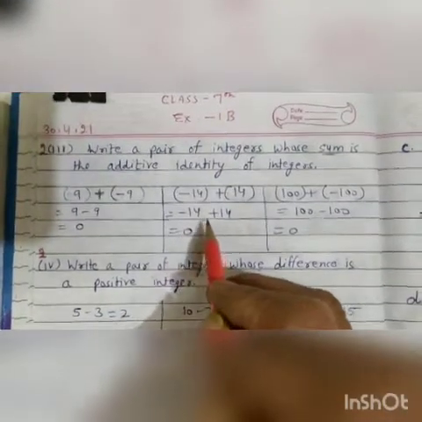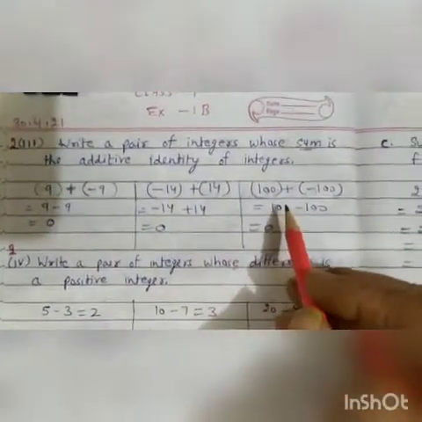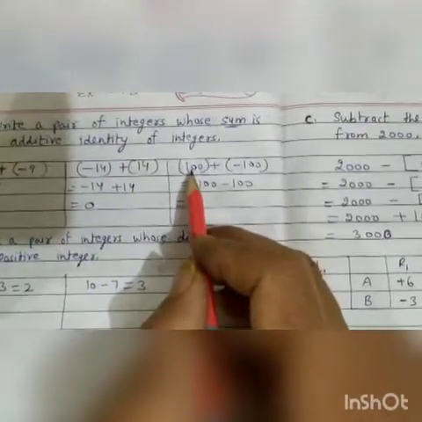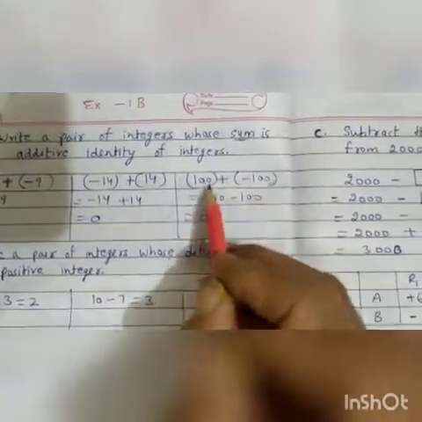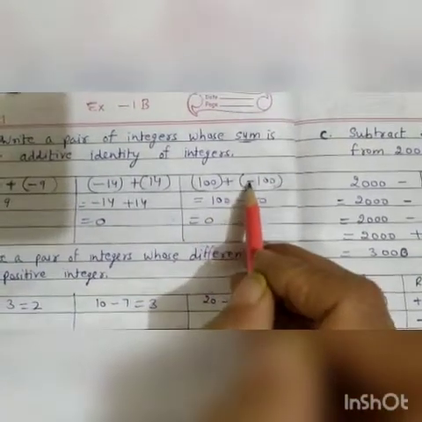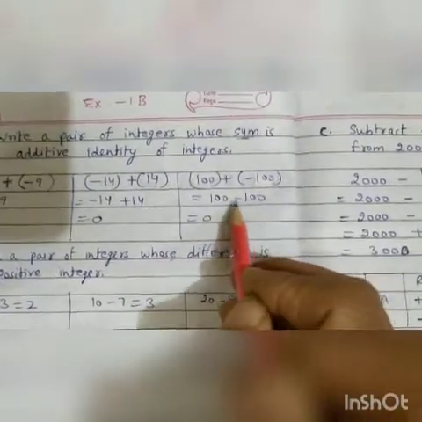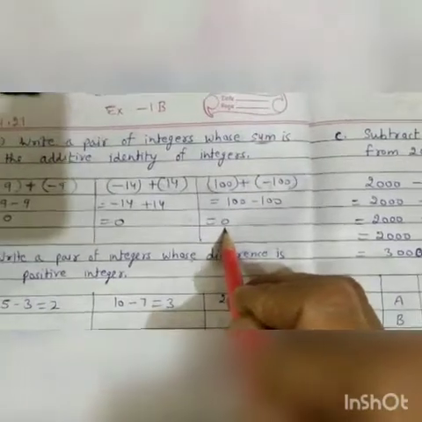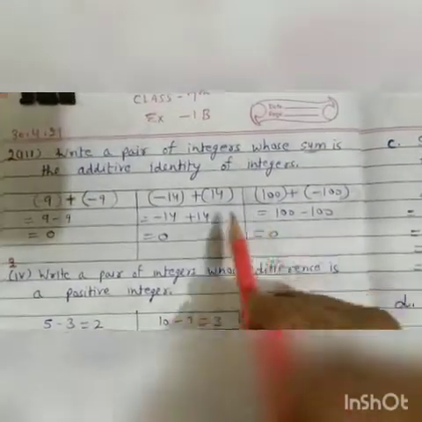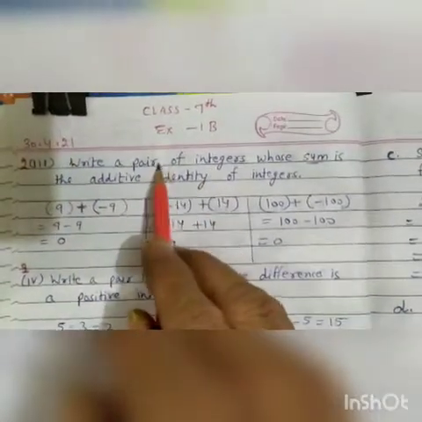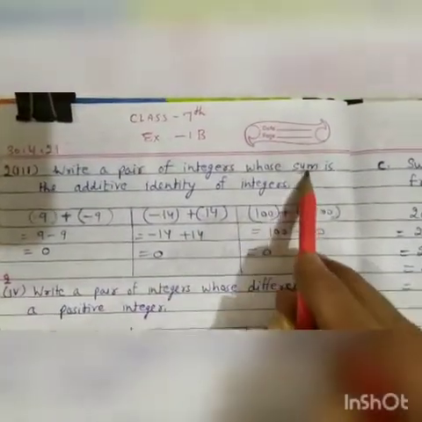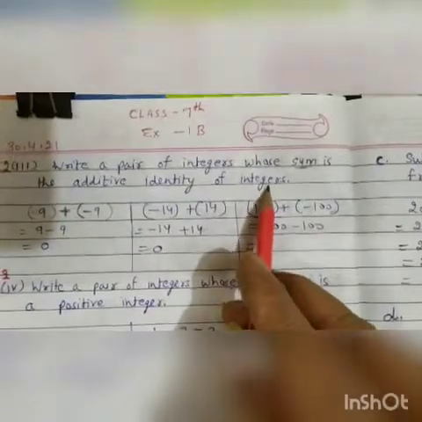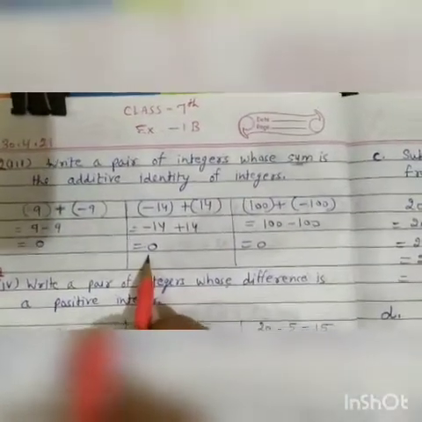So we can write any integers just like additive inverses. Here I have written +100, then plus -100. This is +100. This will be written as -100. 100 minus 100 is equal to 0. So we have written here a pair of integers, and their sum is the additive identity of integers, that is 0.